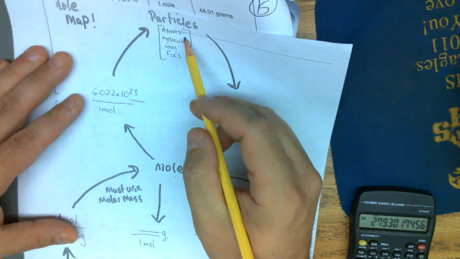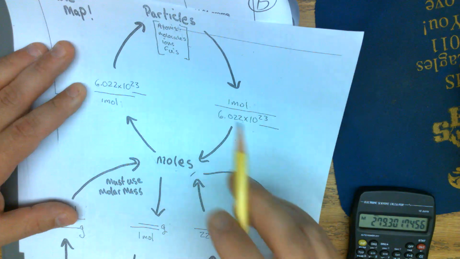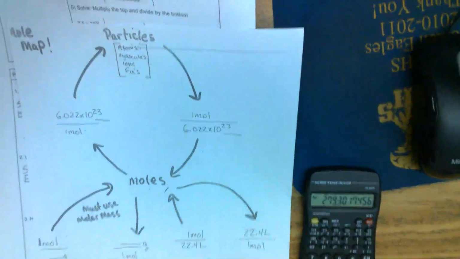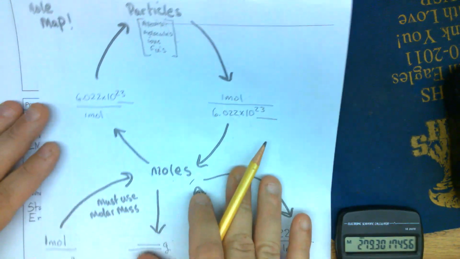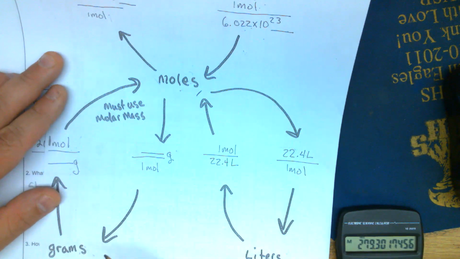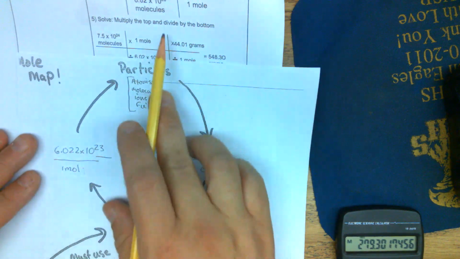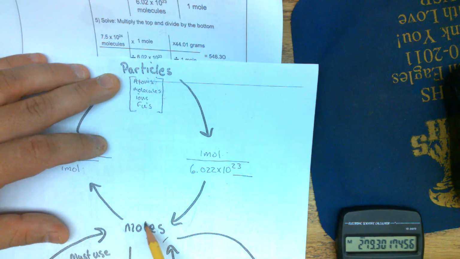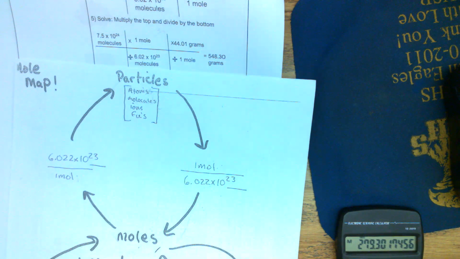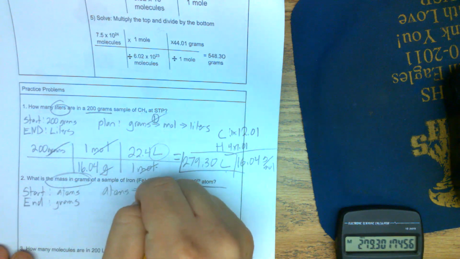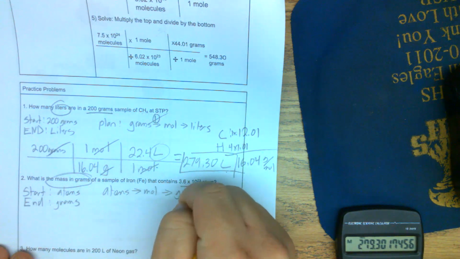We start with atoms, we go to moles, and we go from moles to grams. So two steps. First we go from atoms to moles, following the arrow. We're going to use Avogadro's number.